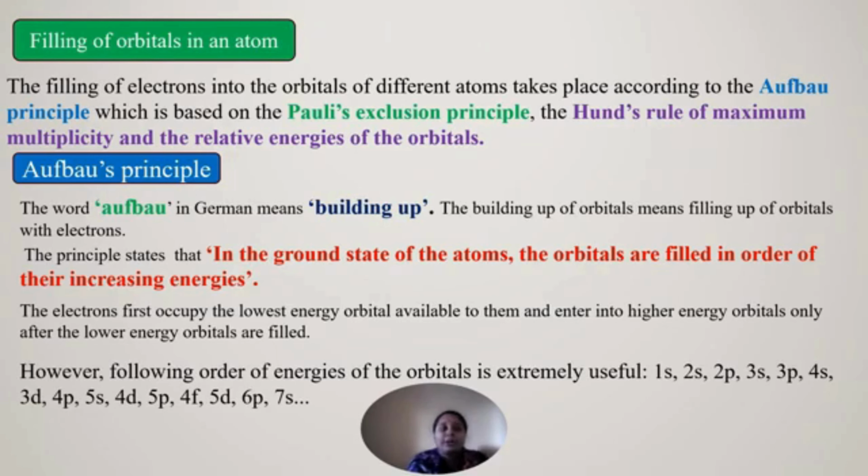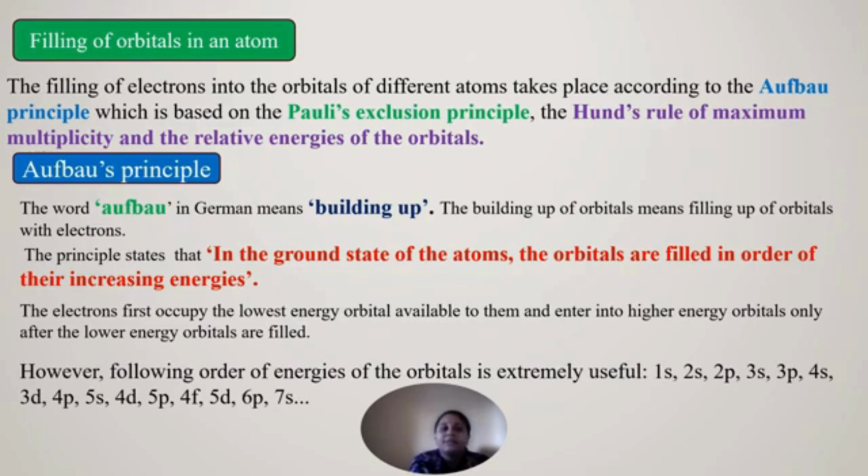Filling of the orbitals. This filling of the orbitals takes place with the help of the Aufbau principle. Aufbau means building up in German. So building up means filling up of orbitals with electrons. The principle states that in the ground state of the atoms, the orbitals are filled in order of their increasing energies.